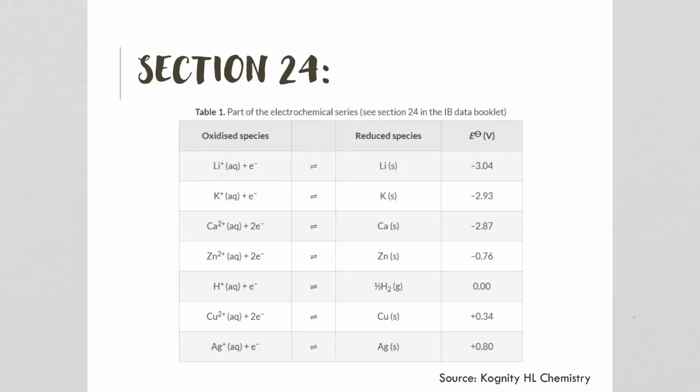Potassium, same thing, this is the oxidized, this is the reduced, negative 2.93. Calcium, negative 2.87, and so on. And then there's our hydrogen. You can see that it's 0. So it's the thing that we compare to. And then we have our copper and silver, which are both positive values.